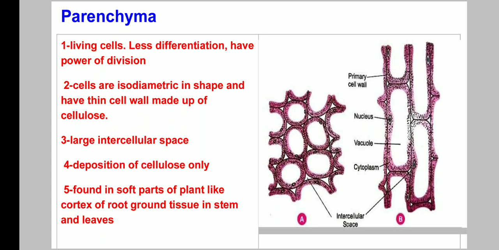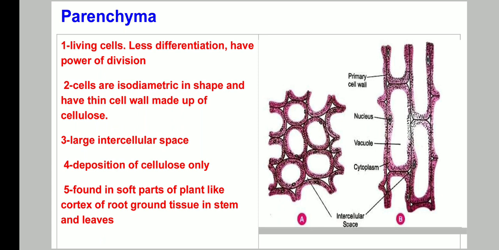Then cells are generally isodiametric, or they may be elongated, and they are made up of cellulose. The cell walls are made up of cellulose, meaning the deposition of the substance is only cellulose in parenchyma, and large intercellular space is present in these cells.